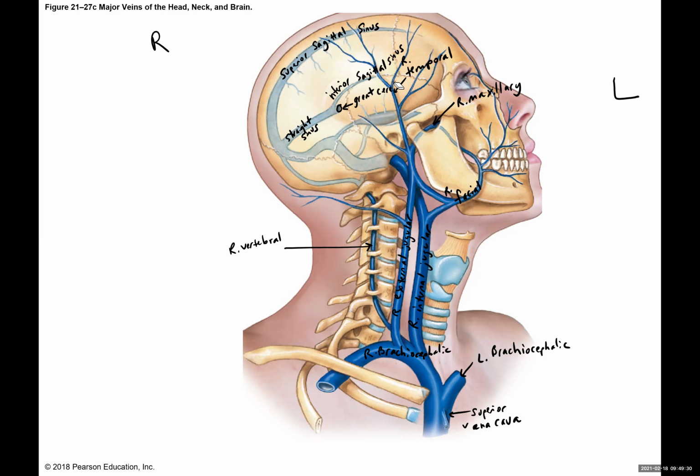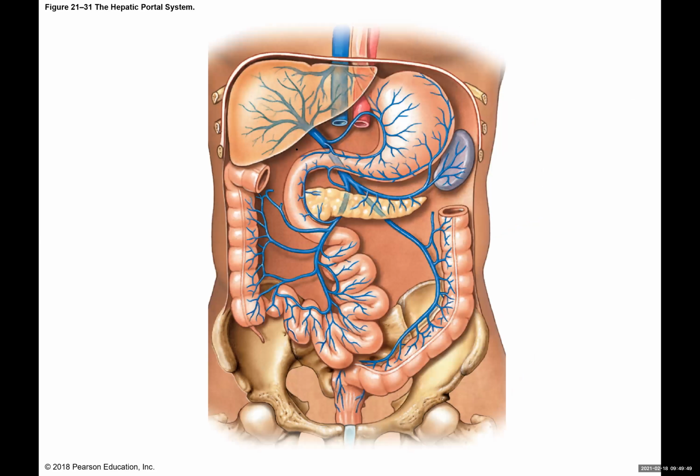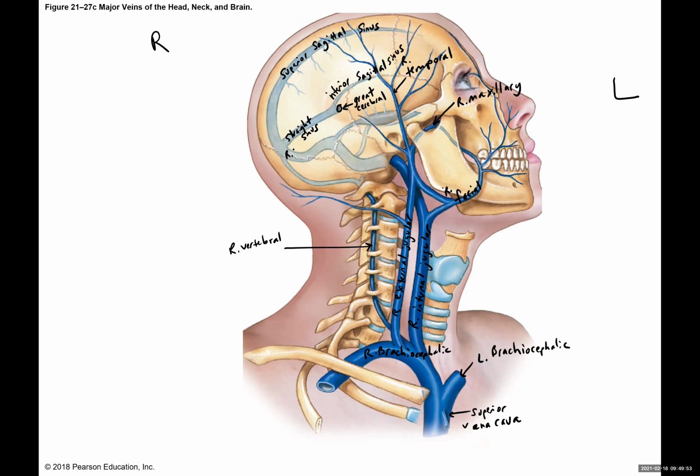I'm running out of label room there, so let me adjust. The superior sagittal sinus and the straight sinus are going to feed into what is called right here, the right transverse sinus.